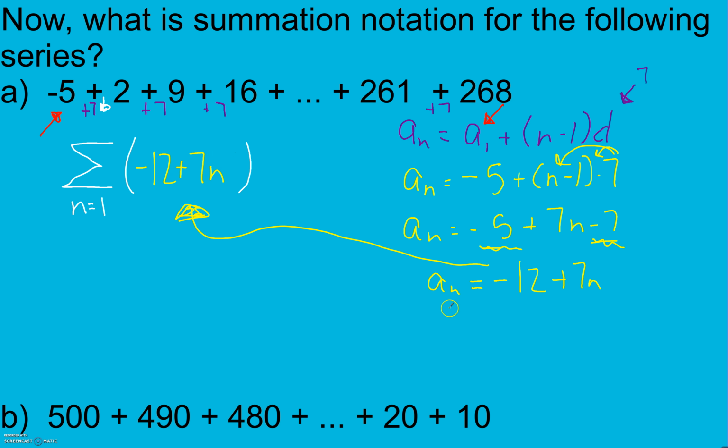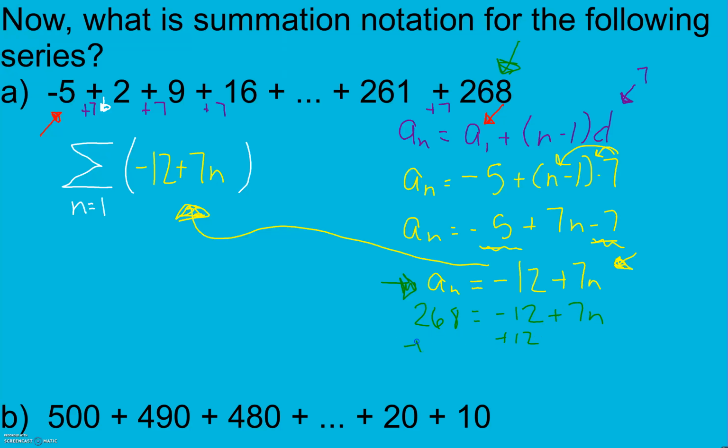Now, I need to figure out what this n value is. So I use my last term in for a of n. And that's going to help me figure out my n. So 268 equals negative 12 plus 7n.